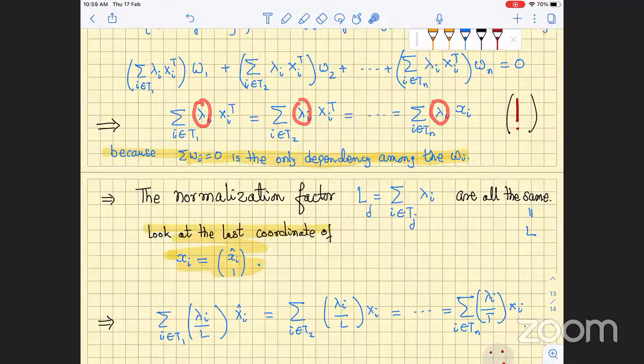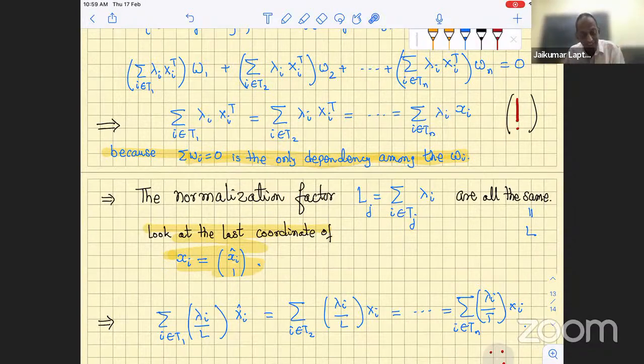The last coordinates must also be equal. So again, we use the same trick. These vectors are in the ceiling. What allowed us to claim that the normalization was the same in Radon's theorem? The last coordinate was 1. Here also the last coordinates are 1. And since the last coordinates are all 1, the sum of the lambda i's must be the same.